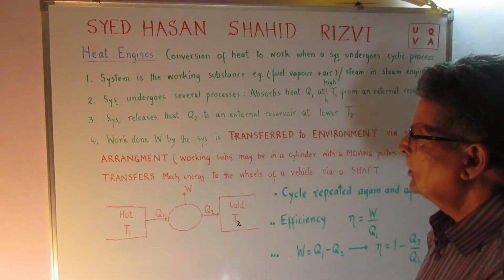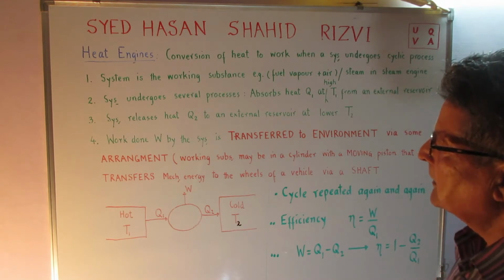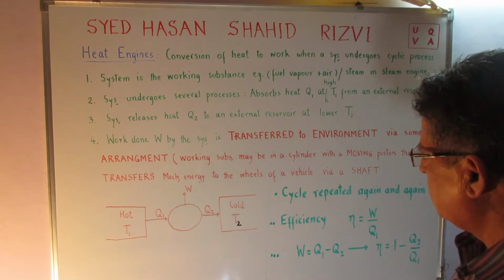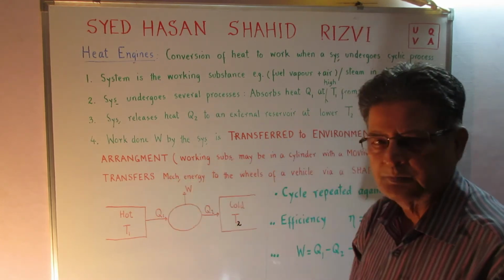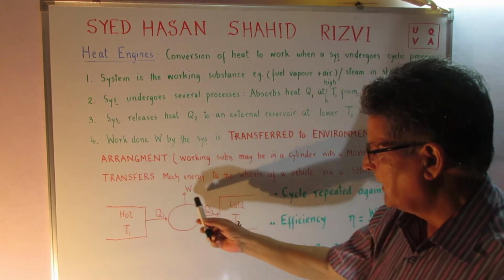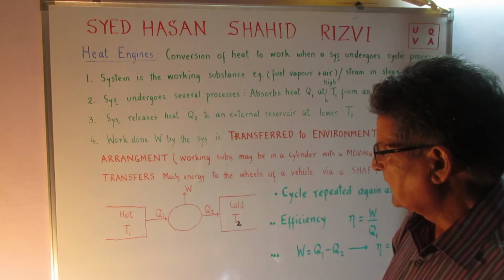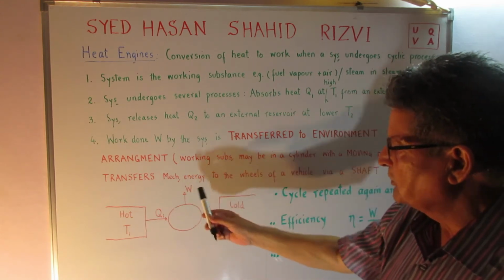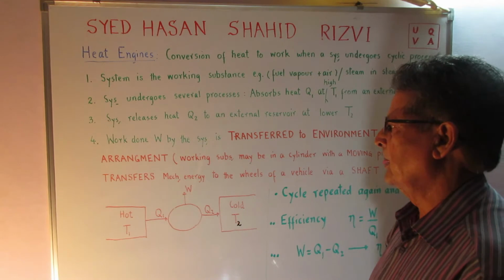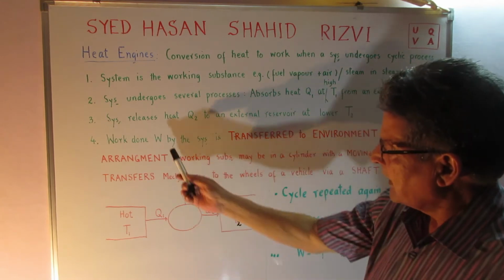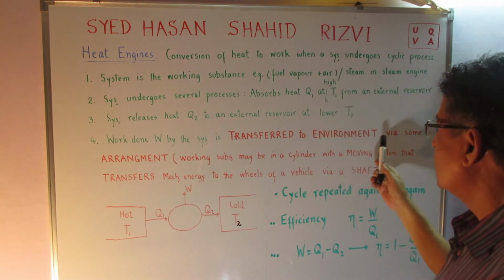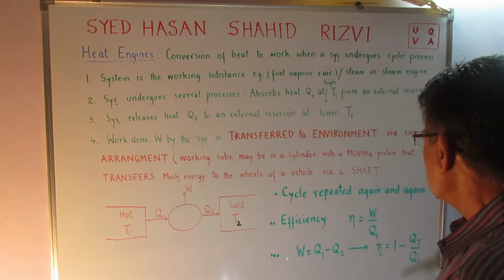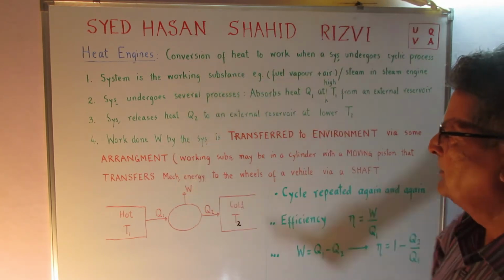So then the difference of these two results, by the law of conservation of energy, in what is called the work done. Work done W by the system is transferred to the environment via some arrangement.